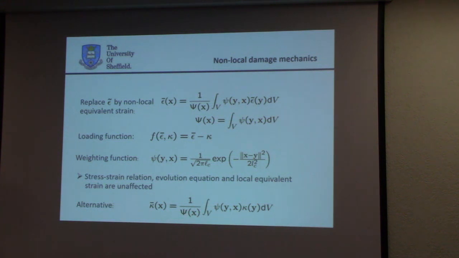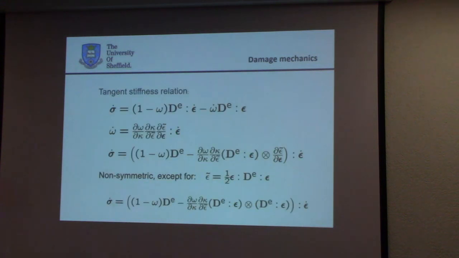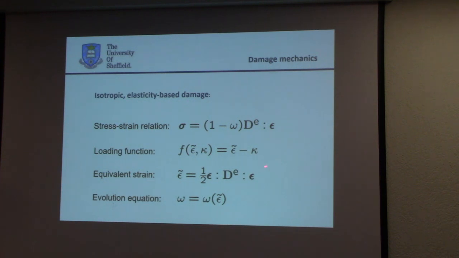An alternative, which you also see sometimes, is that you don't average epsilon tilde, but you average the history parameter.